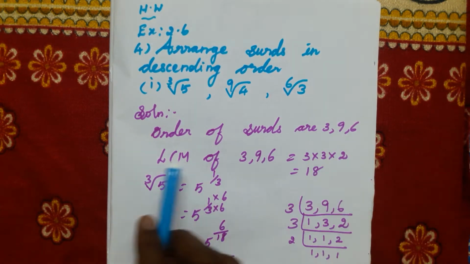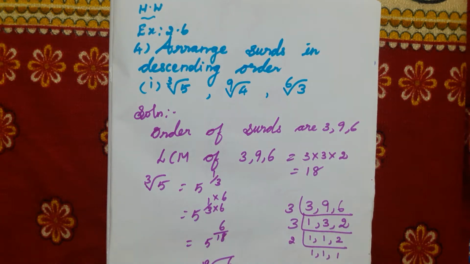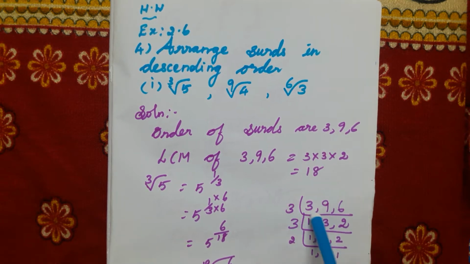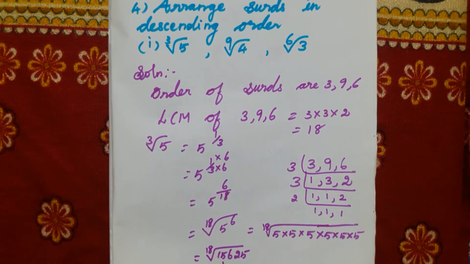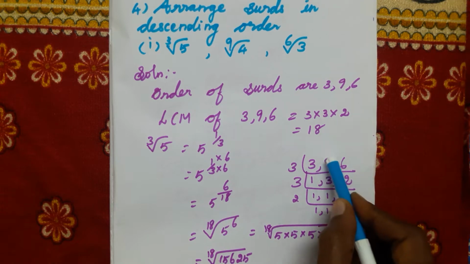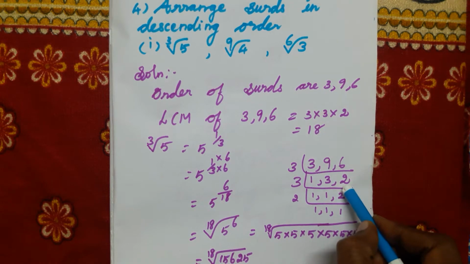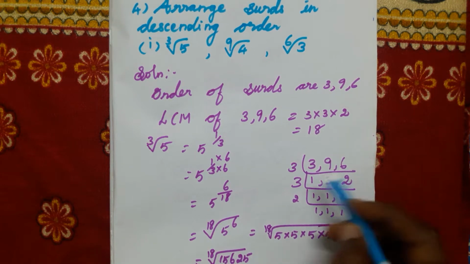So LCM of 3, 9, 6. These three numbers we can factorize with the 3 table. 1 3 is 3, 3 3s are 9, 2 3s are 6. Again this number we can factorize with 3 table.